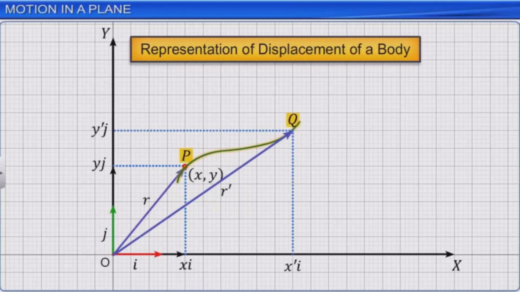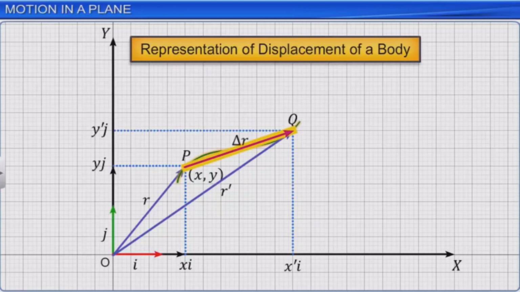Join P and Q with a straight line. Display an arrowhead at Q. This line PQ, with its arrowhead, represents the displacement vector delta r.